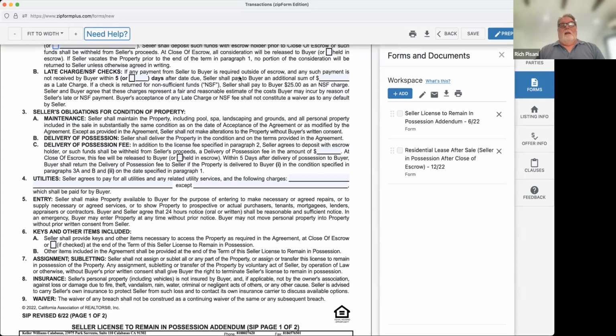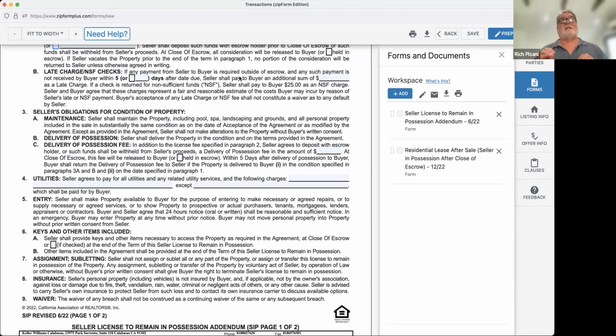Insurance. Basically, this line says the seller, hey, we're not covering any of your possessions. And the seller is advised to carry their own insurance to protect the seller from loss and to contact its own insurance carrier to consider their options.